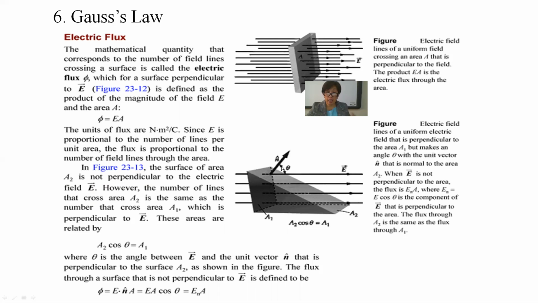The flux through area A2 is the same as the flux through A1. The final formula is electric flux equals E multiplied by A cosine theta.